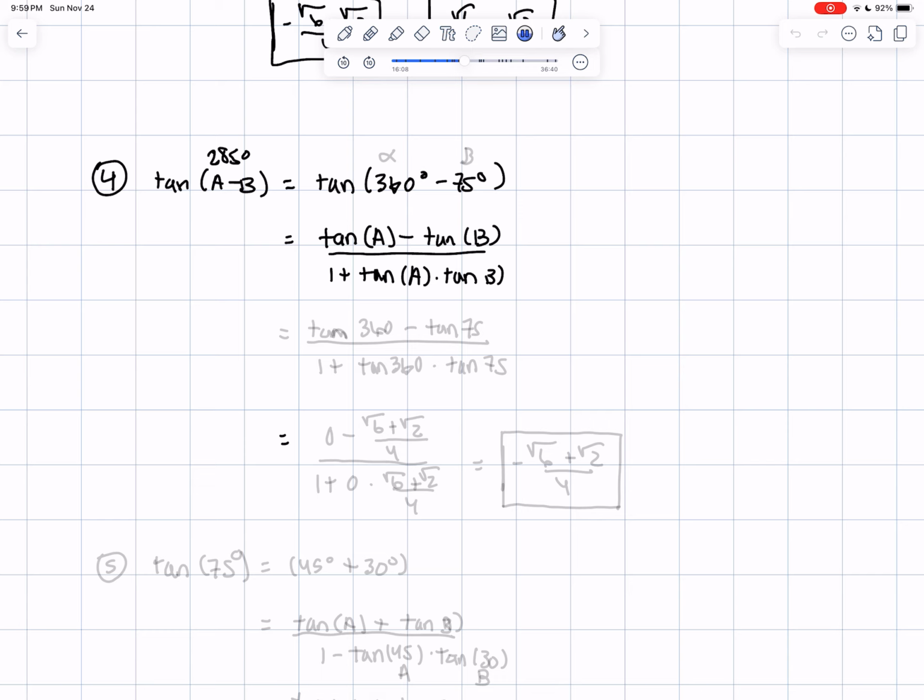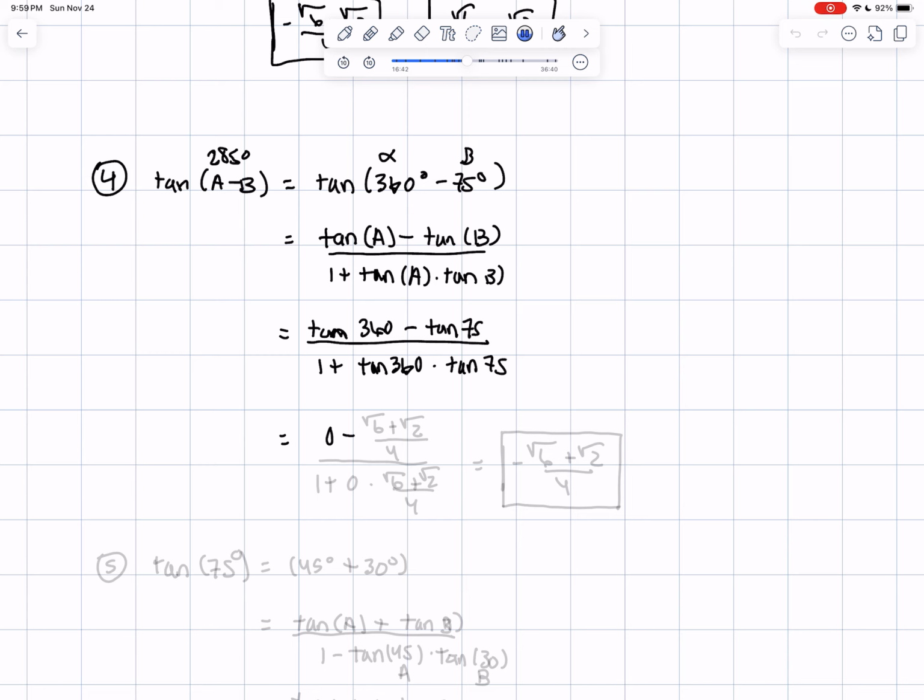So now we can calculate this. So tangent of 360, which is A, this is B. 360 minus tangent 75 over 1 plus tangent of 360 times tangent of 75. So let's figure that out. The tangent of 360 is 0.